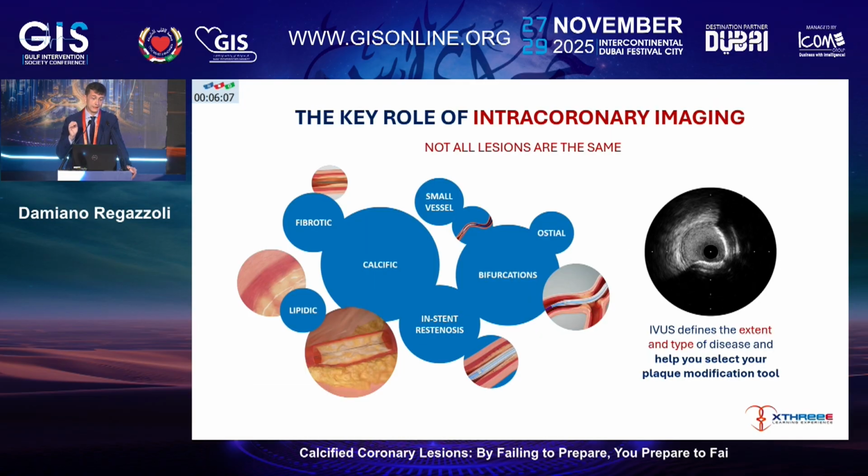But not only identifying them, but also characterizing them, because not all calcium is the same, and trying to characterize the calcium that we are going to tackle is useful in order to select the best tool for lesion preparation in order to have better stent expansion.